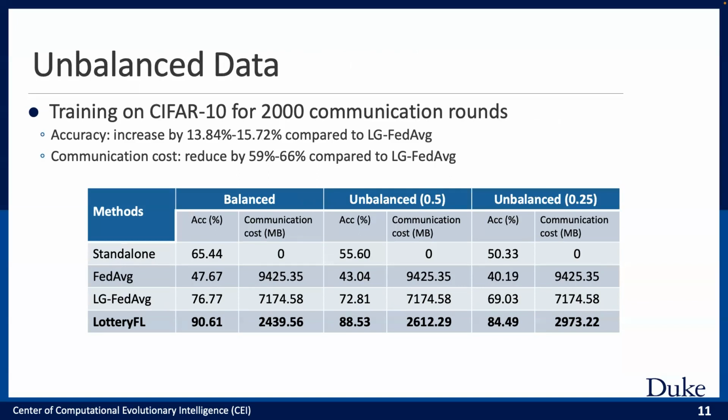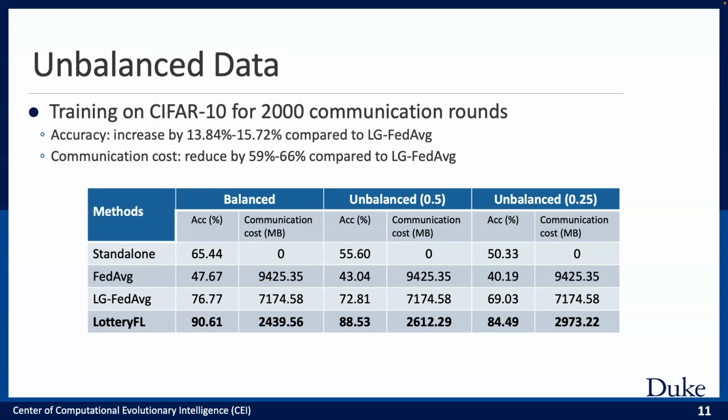And we also want to train this on unbalanced data, which means we have what we call the balance rate. What is the balance rate? Basically, the number of samples of one class versus another class. If you have balanced data, it is one by one. Otherwise, 0.5 means 1 by 2, and 0.25 is 1 by 4.